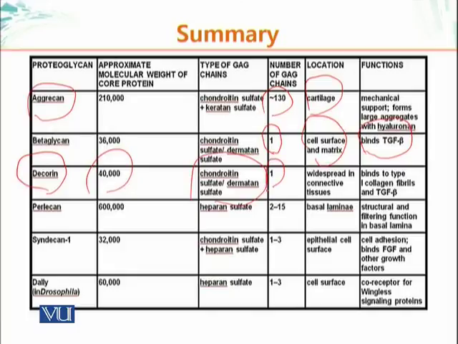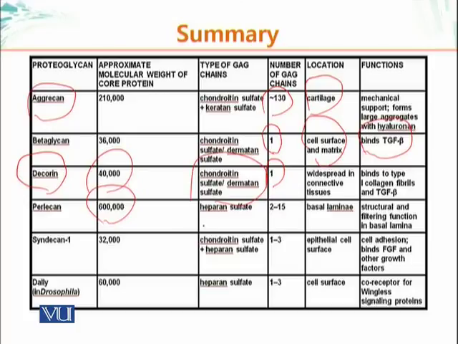Perlecan, we will talk about perlecan more. Just keep this molecule in mind. We will talk more about perlecan when we talk about the basement membrane. We have briefly talked about this previously. It is a fairly large molecule. Please keep this in mind. It is 600,000, that is the molecular weight of this protein.